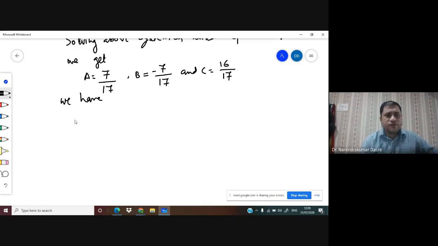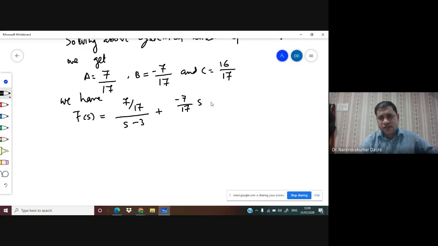We have f bar of s is equal to 7 by 17 upon s minus 3, plus minus 7 by 17 s plus 16 by 17 upon s square plus 2s plus 2.